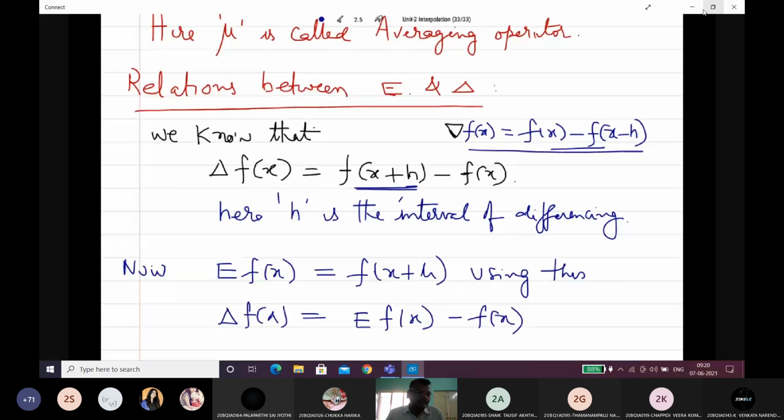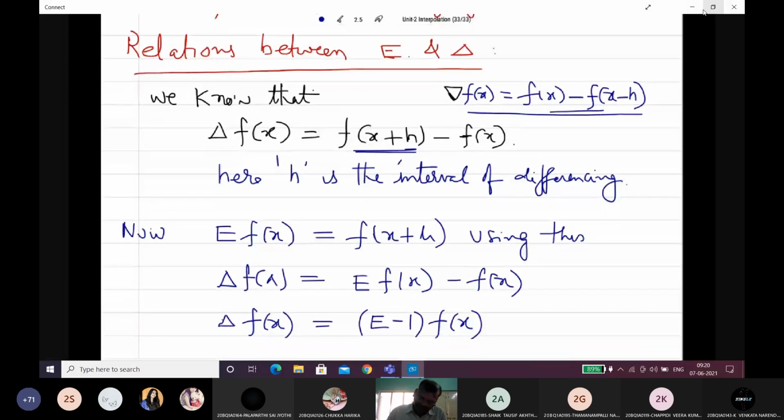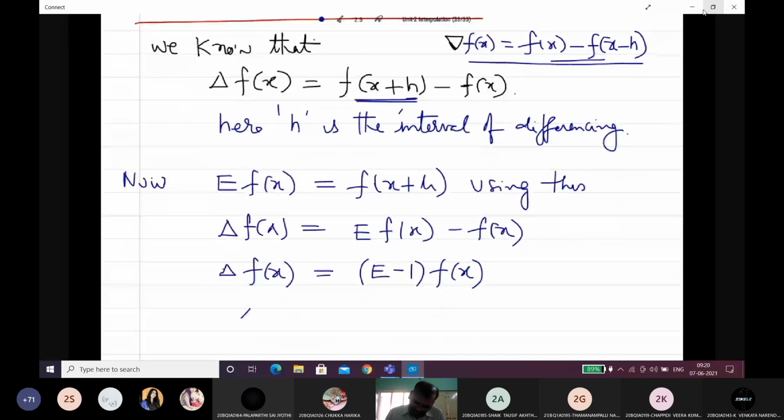Okay. Now we have to take f of x common on the right hand side. Delta of f of x is equal to E minus 1 into f of x. So the relation between them is delta is equal to E minus 1.